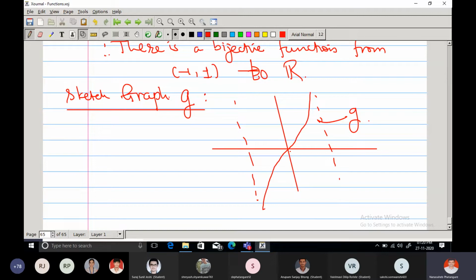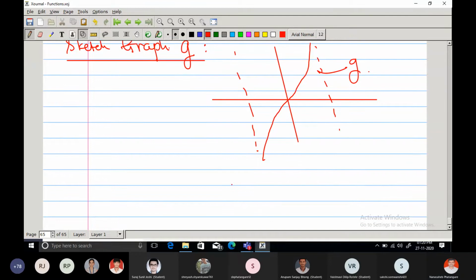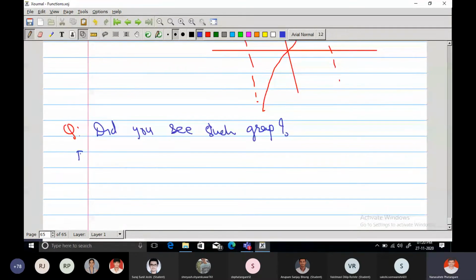Okay, so did you see such a type of graph somewhere else? The tan function. The graph of the tan function. Right. So what is the function f, and what is the domain?